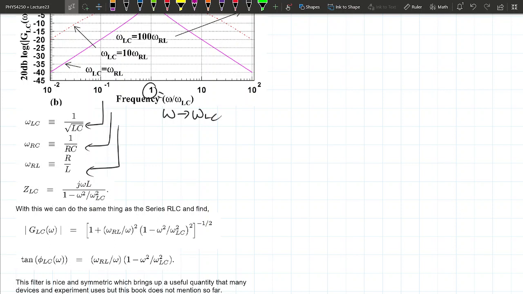Omega RL is actually the resistance over the inductor's value. One of the interesting things is that all of these will have the right units. If you want to check in SI units, they're all going to have units of 1 over seconds.